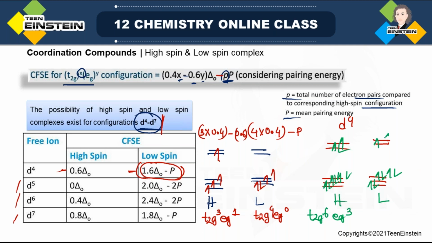You have to move here. 3 electrons. So see, this is also t2g6 eg3. Right? So both are the same. There is no such individual high or low. That is why this table is only for d4 to d7, because before d4, d1 to d3, there is only one possibility, and after d7 also there is only one possibility. Okay. So that is the calculation for high spin and low spin complexes. Is there any doubt?